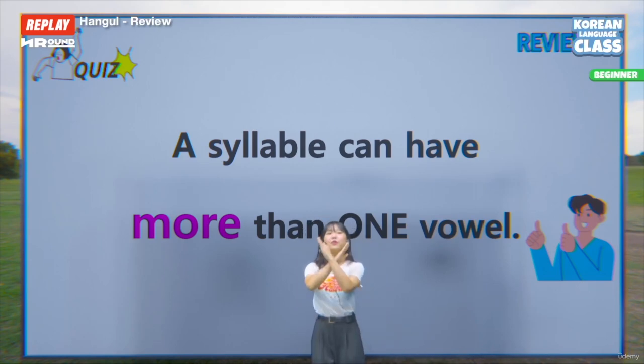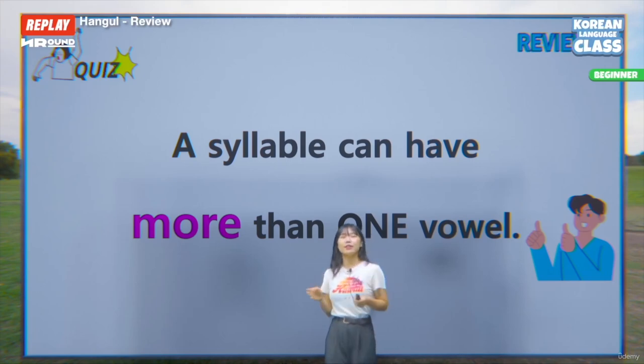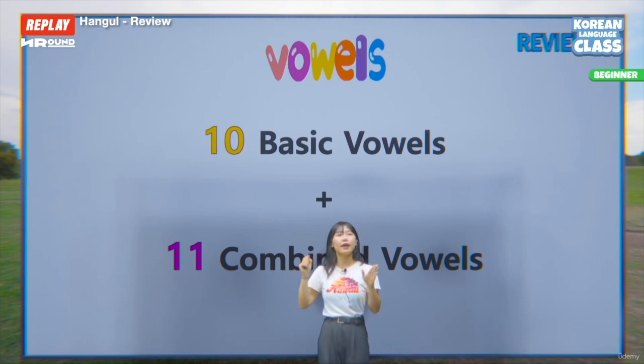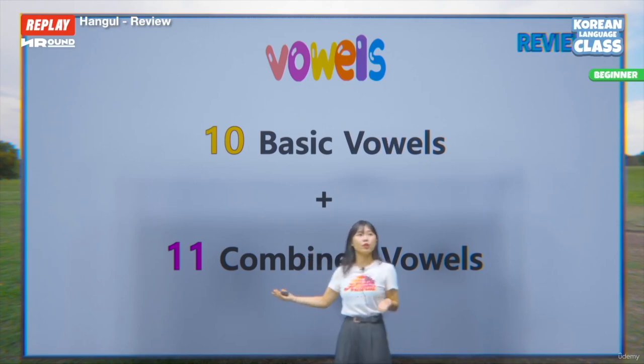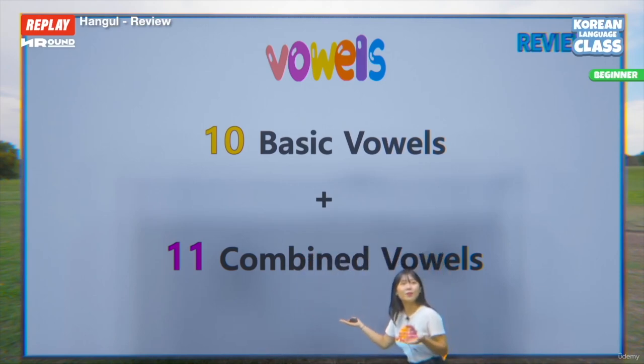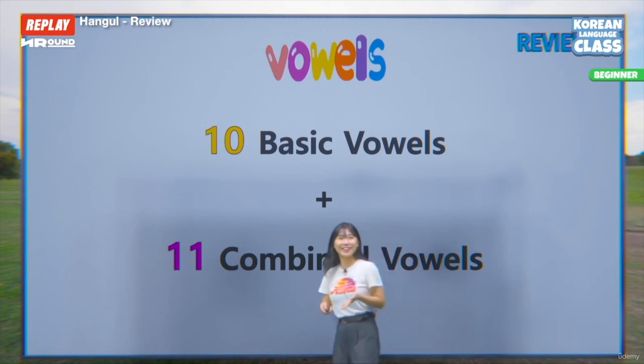The answer is false. Every syllable has only one vowel in it. So the vowel is really important as the center of a syllable. We had 10 basic vowels and we also learned 11 combined vowels last week.